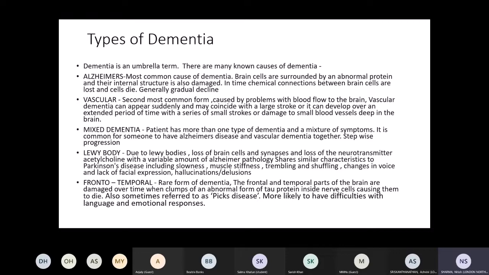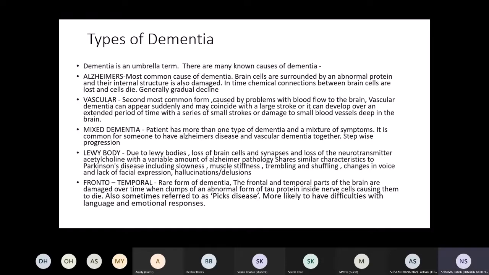Vascular dementia is second most common, usually associated with a TIA or strokes, and mixed dementia would be the picture of a patient having a vascular event and also developing a dementia.